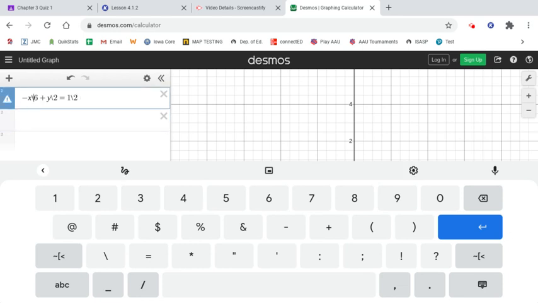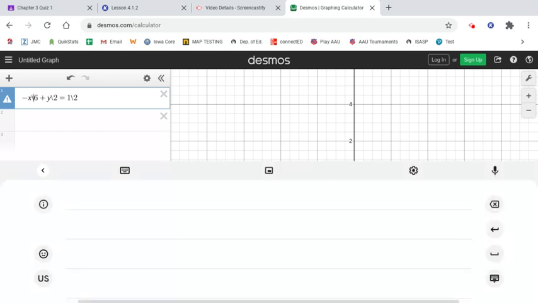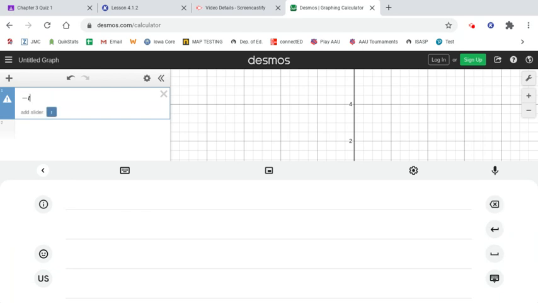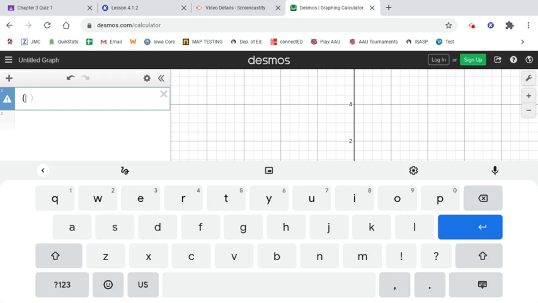I'm just not going to read it like that. Let's see here. There we go.